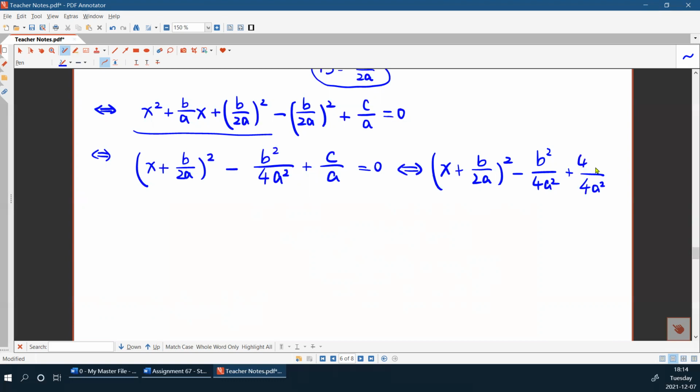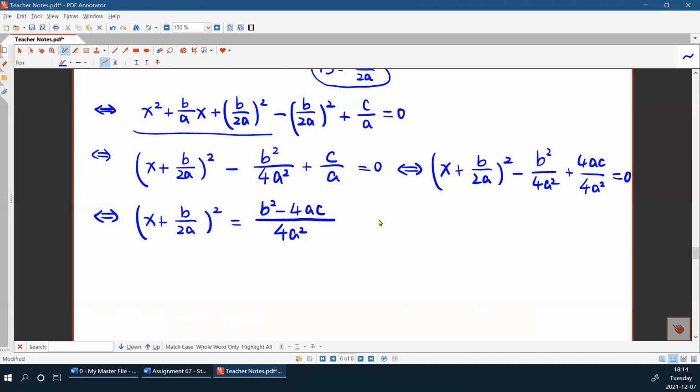The numerator becomes 4ac, equals 0, right? And this is equivalent to x plus b over 2a squared equals, sorry, b squared minus 4ac over 4a squared.